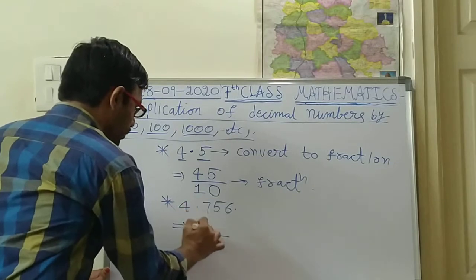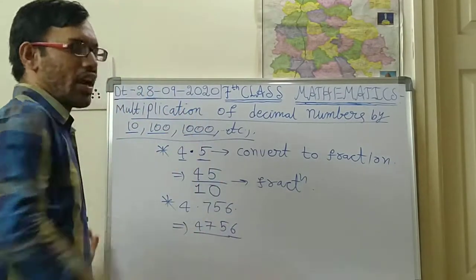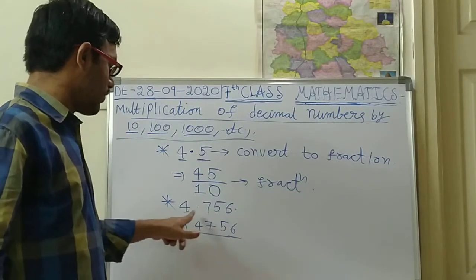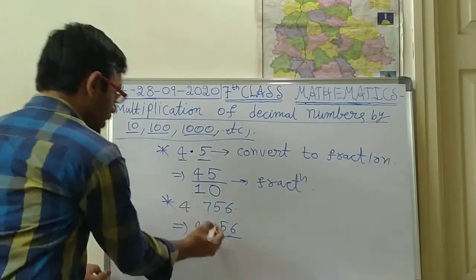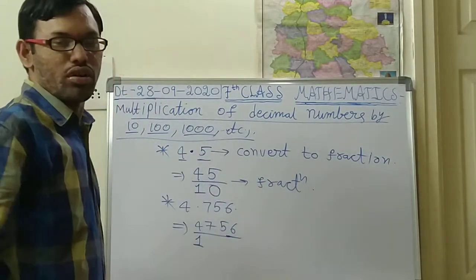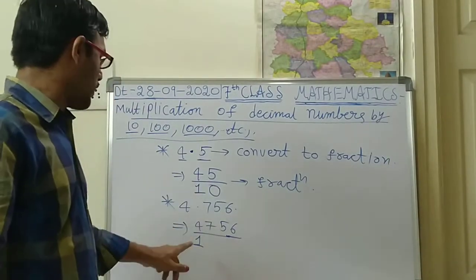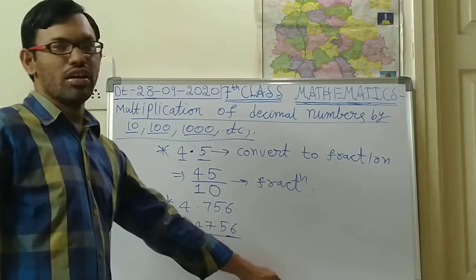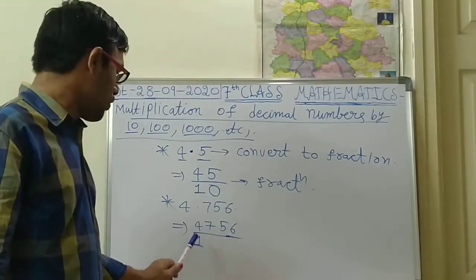What is the remaining number? 4, 7, 5, 6. As it is, write down 4756. Next, the denominator should always start with 1 only, for any decimal number.